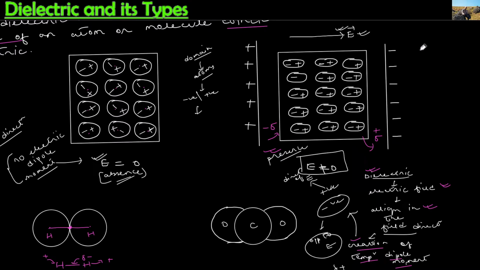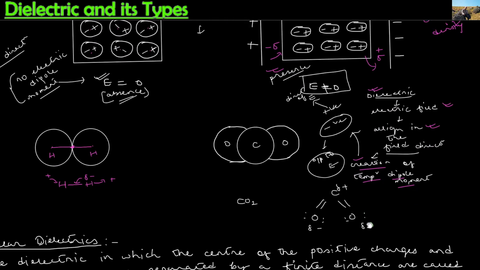These plus sigma and minus sigma are induced charge densities, which are possible only if we supply an electric field across a dielectric.